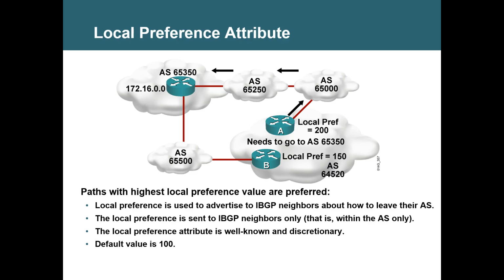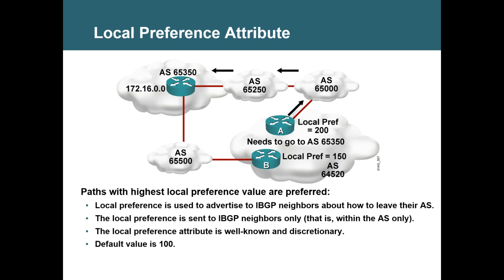Next attribute in our list is local preference. See, so far you have learned AS path attribute, and then next hop, and then origin code. AS path, well known mandatory. Next hop, well known mandatory.